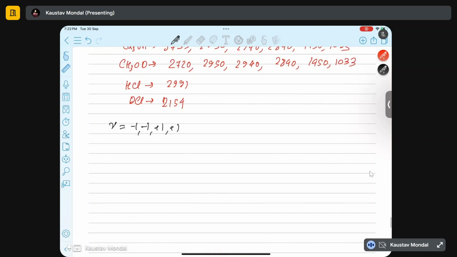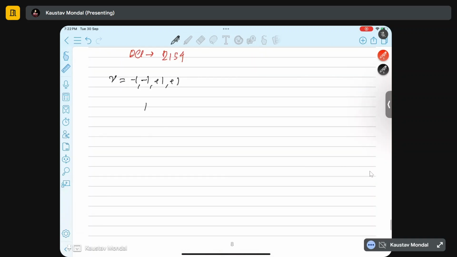So for K, let me first write the expression, the old good expression: the product over j of Qj M0 by Na to the power mu j, where mu j is the stoichiometric coefficient, whole thing into e to the power minus delta E by RT. Okay, this is the expression of the constant K.